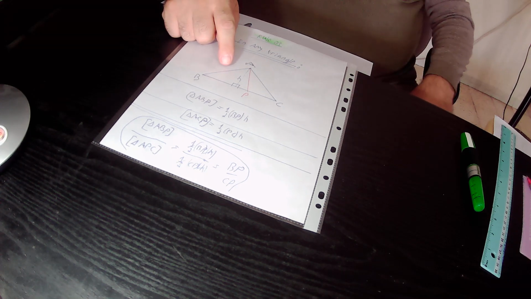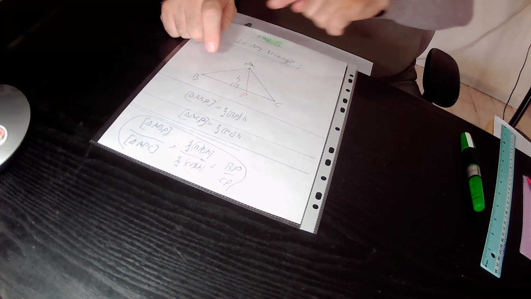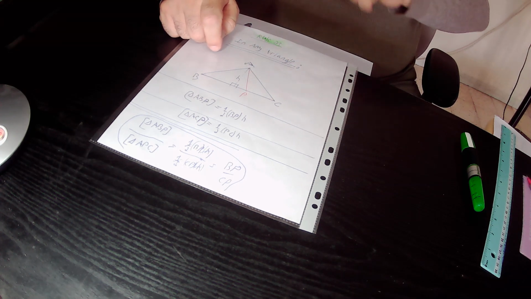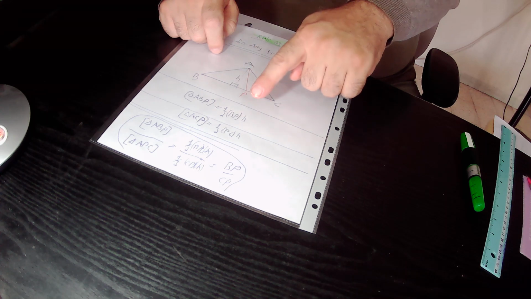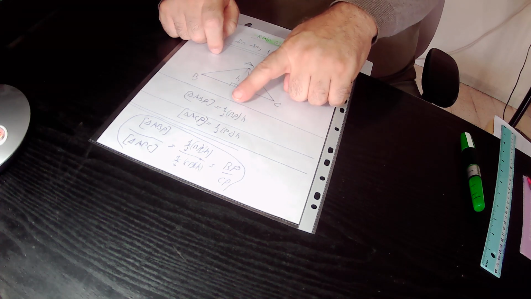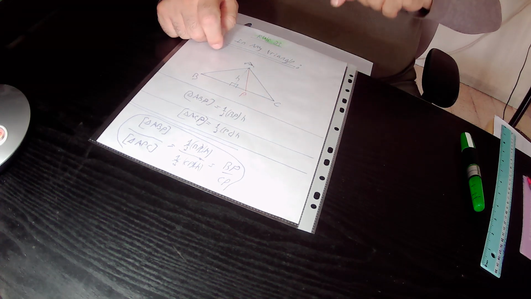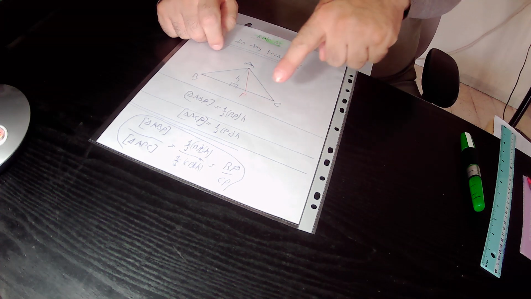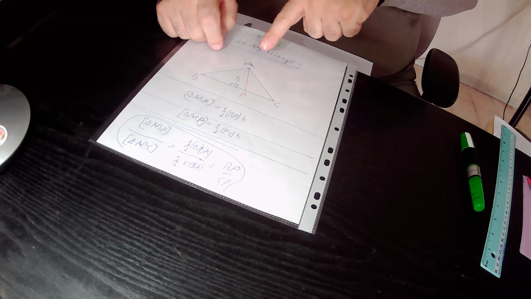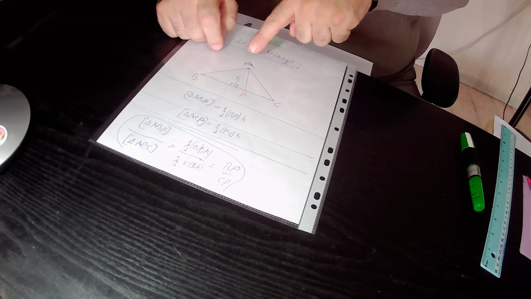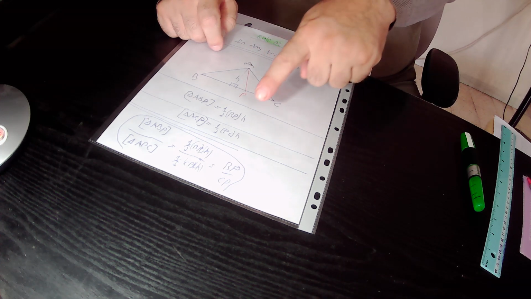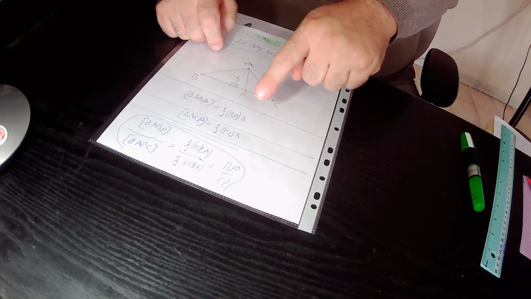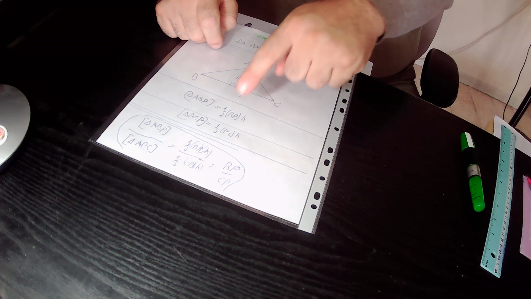So the area of this triangle ABP is the base BP times the height edge over 2. Likewise, the area of this triangle APC is equal to the base PC times the height, that is edge. Both triangles have the same height, that is edge, divided by 2.